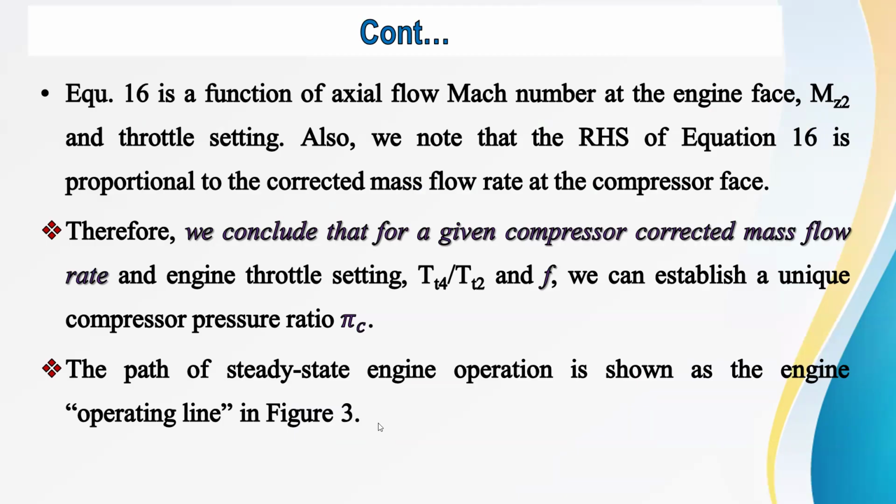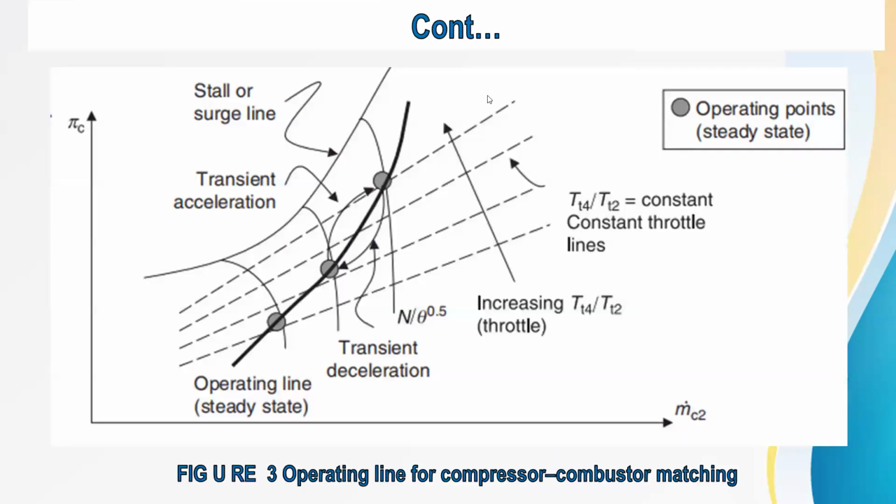For the path of steady state engine operation, we have this figure. On this figure, we can observe different sections: the compressor pressure ratio pi c and the mass flow rate through the compressor, m dot c2. In this diagram, we can observe the operating line.